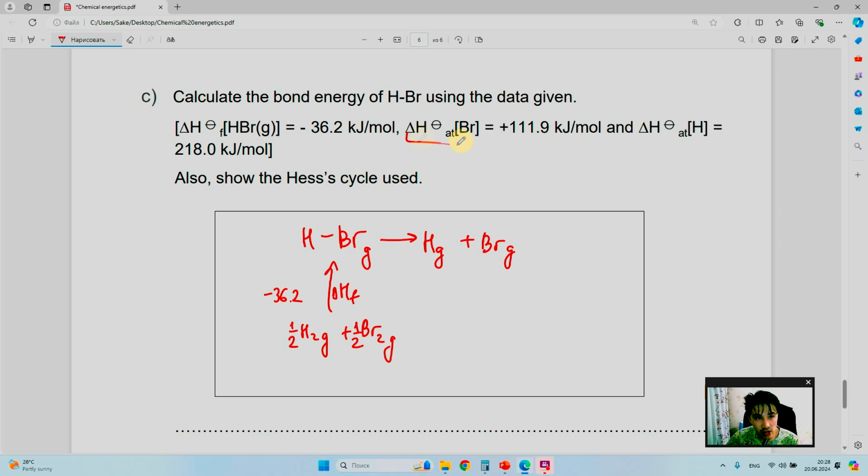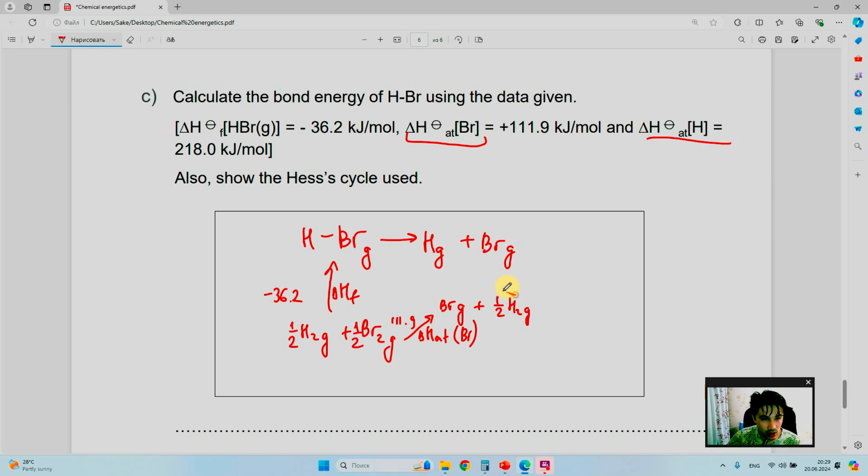What do we also have? We have atomization energy of bromine, so it's when 1 mole of gaseous atoms are produced. So we can show it like that. This is delta H atomization of bromine, and this is also given, so it's a positive value. Again, I'm just leaving some space for this species not involved in that transition, and we again have atomization enthalpy for hydrogen.